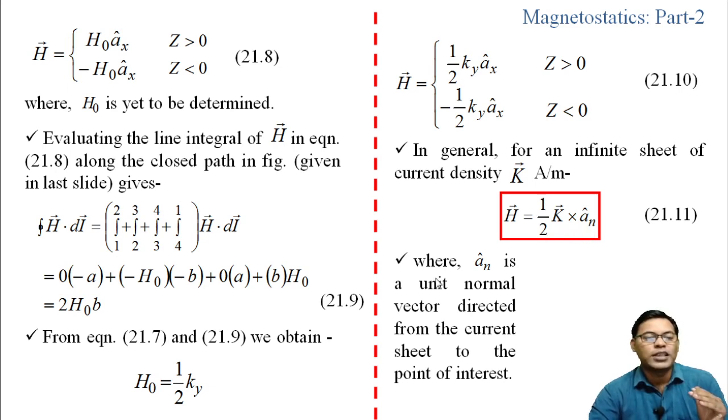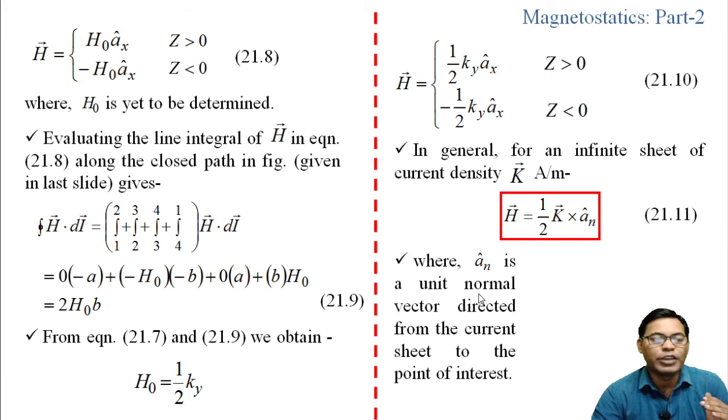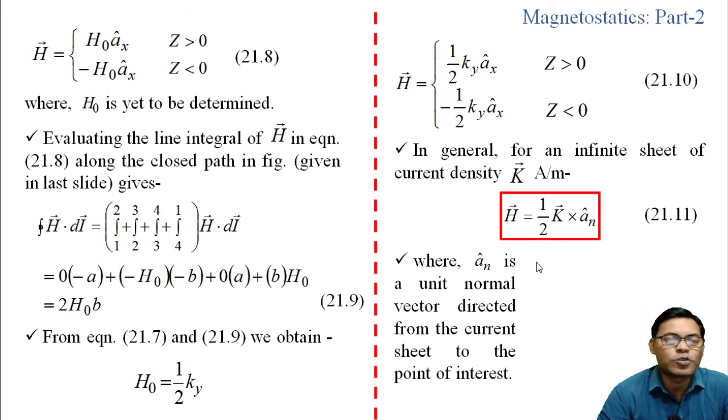Cross an means here an is a unit normal vector directed from the current sheet to the point of our interest. So if it is below, then it will be negative. If it is above the sheet, it will be positive. So for that we will get the expression. So in this way we can calculate the magnetic field intensity for infinite sheet of current.